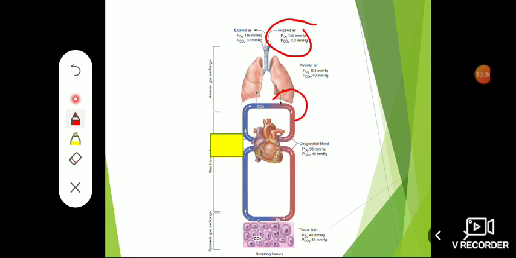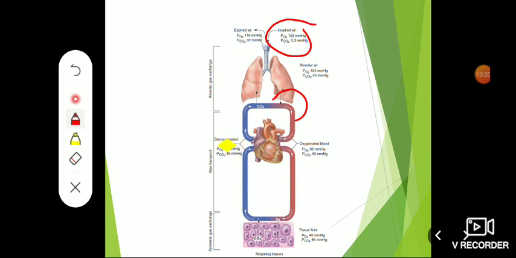So at the tissue fluid, if you check, partial pressure of oxygen is only 40 millimeters of mercury because it is constantly consuming oxygen for the biochemical reactions which you have studied in biochemistry. Different cycles are conducting constantly, aerobic cycles are taking place. So they are consuming the oxygen. So oxygen is consumed at tissues and CO2 is constantly produced. So in the tissue you can see CO2 level is 46 millimeters of mercury.